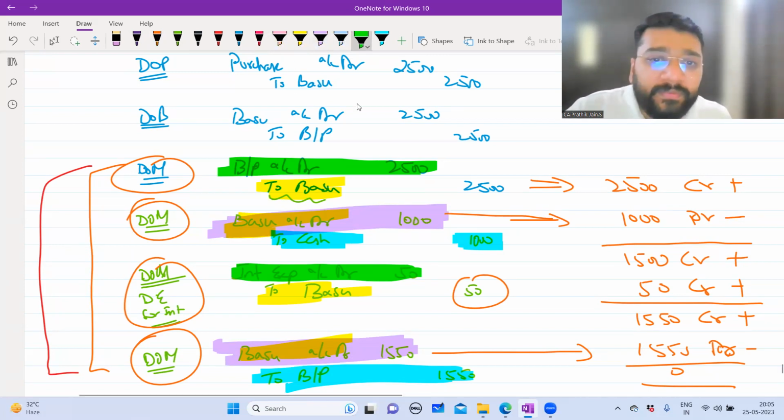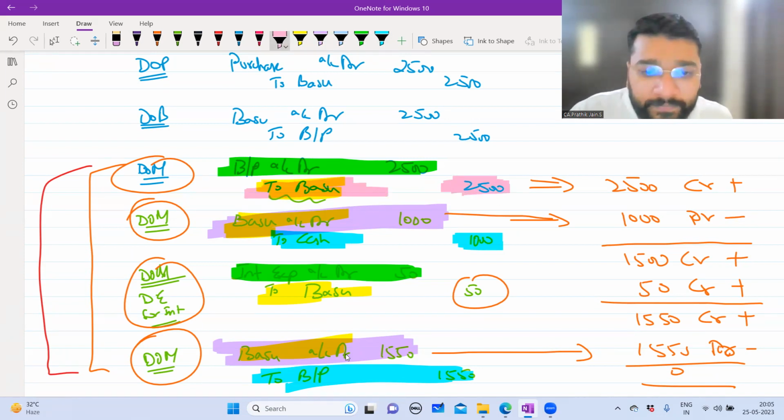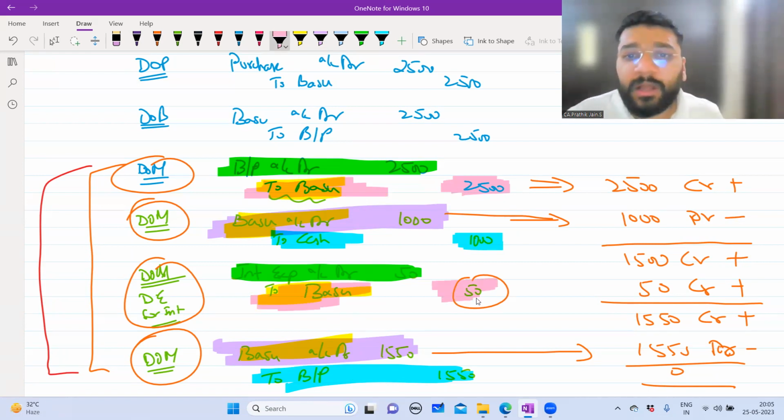And they have credited Basu 2,500 here and 50 rupees here. How much? 2,550. So debit is 2,550, credit is also 2,550. So Basu's account balance is 0.